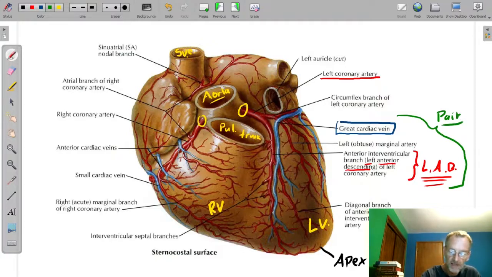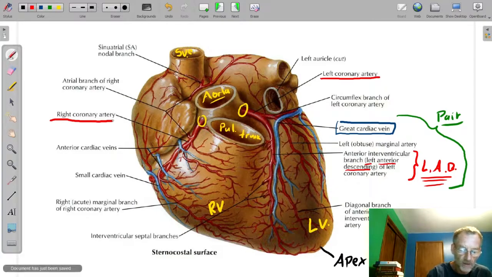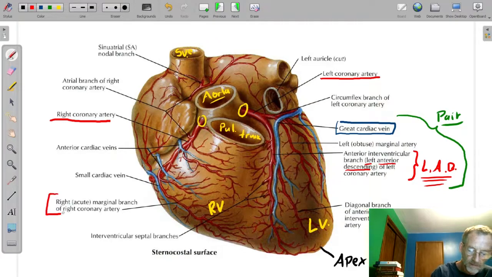And the right side, the right coronary artery, gives off several branches, one of which is the right marginal branch of the right coronary. And we have the small cardiac vein. So there's another pair that we were looking at.